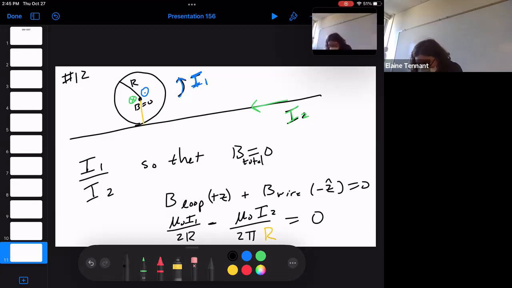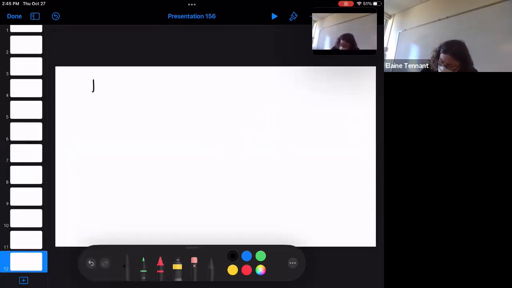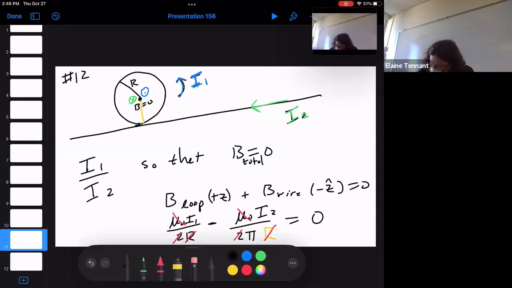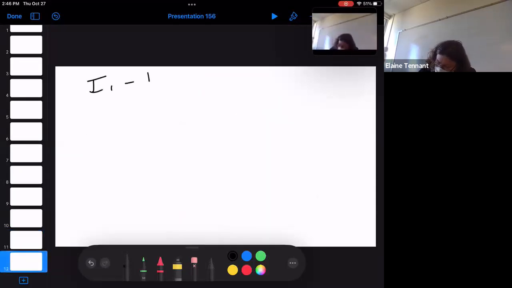What can we cancel? Mu naught. Can divide everything by mu naught. What else can we cancel? 2 and R. Sound good? And we'll be left with I1 minus I2 over pi equals 0.